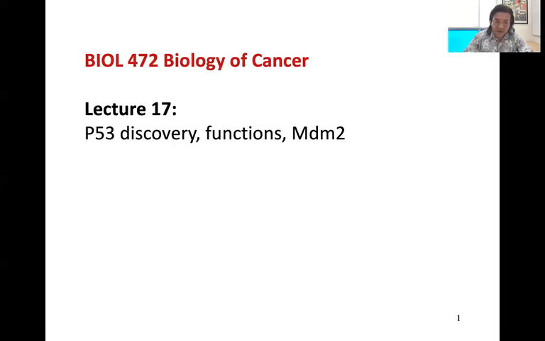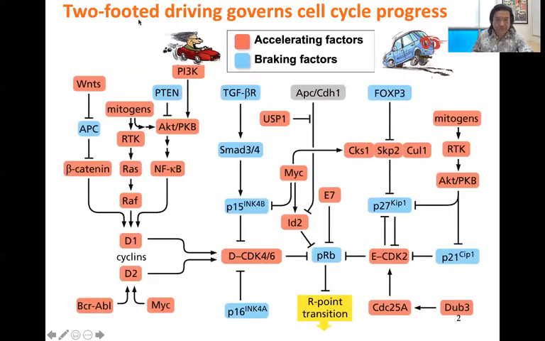I think many of you are already familiar, at least in passing, with p53. Maybe you've seen it come up in some of the articles that you've been looking up and reading. So let's talk about p53 and how it works, what its purpose is, and how it is controlled by other proteins such as Mdm2.